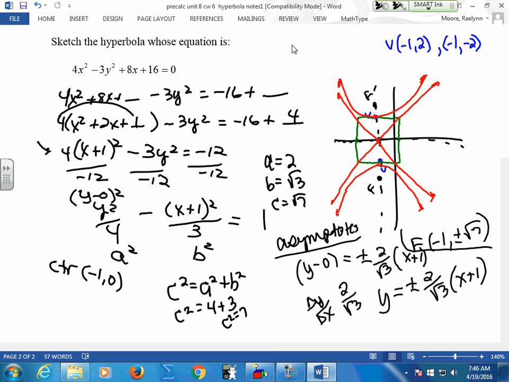Don't distribute or anything else. This is your asymptote. If this was said like y minus 3, I'd have to add 3 to the other side. Okay? Both sides. Your covertices we don't need. We just need them to make the box.